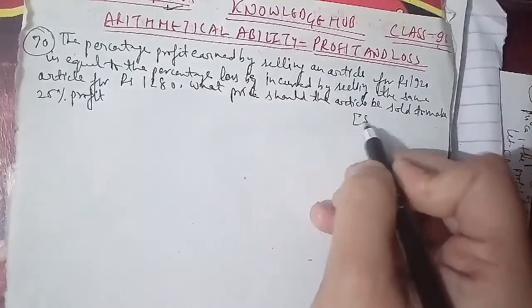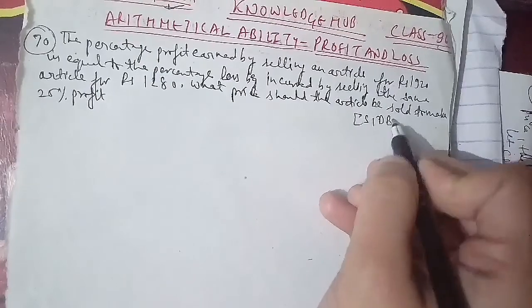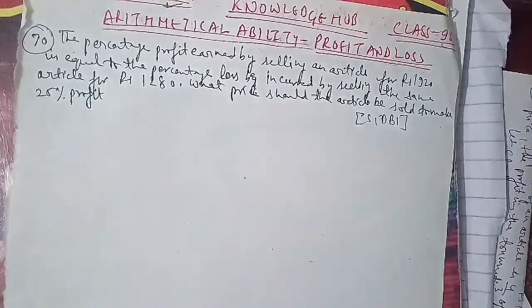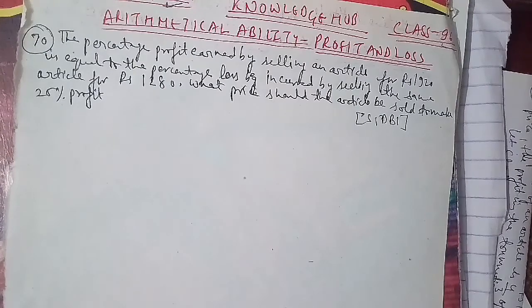This has been asked in the examination paper, and the options, as I told you, are rupees 2000, rupees 2200, rupees 2400, data inadequate, and none of these. So we go ahead for the same, and that is an important one, of course.